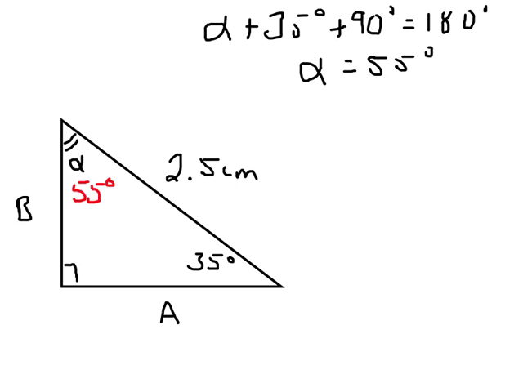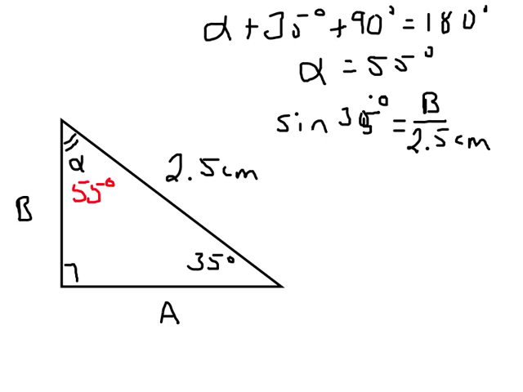Well, we have these ratios, sine, cosine, and tangent. I know all the angles, and so I actually have choices. I could use the 35-degree angle, and I remember that the sine of 35 degrees is equal to the length of the opposite side, which would be side B, divided by the length of the hypotenuse, which is 2.5 centimeters.